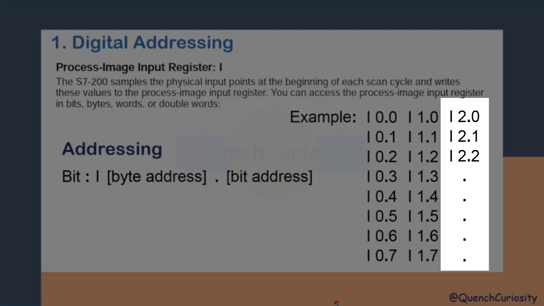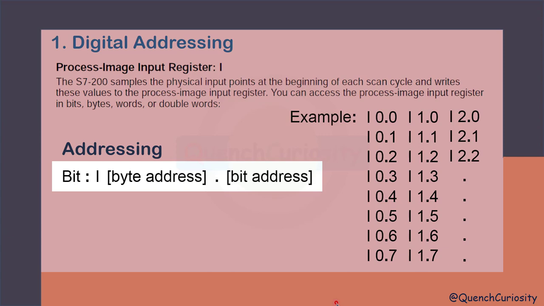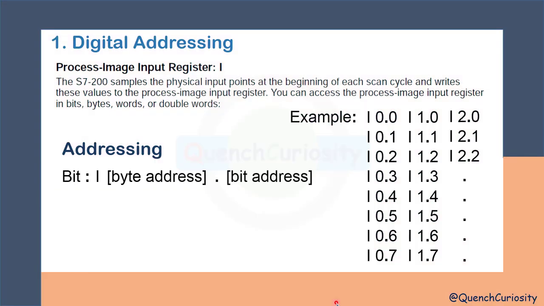So in conclusion, just try to remember the addressing format: file identifier I for the input register, followed by the byte address, a dot, then the bit address. Keep this in mind so that programming will be easier for you.